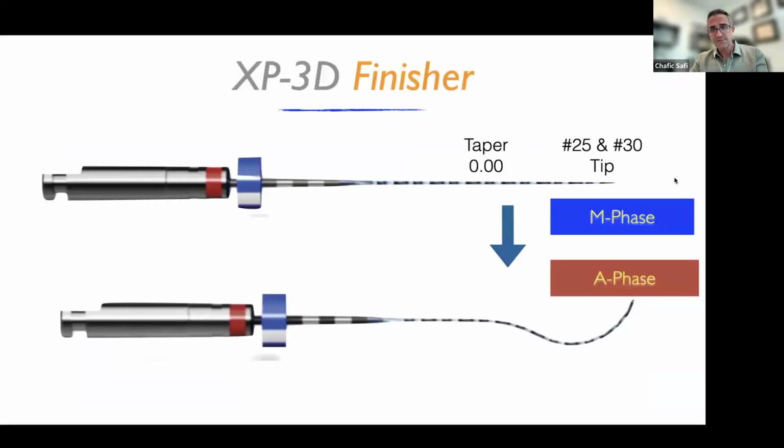And this file is made with MaxWire, which is the same alloy that the original XP3D Shaper was made of. And it changes conformation from room temperature here, which is in the M phase, to the A phase when it's inside the tooth at tooth temperature.